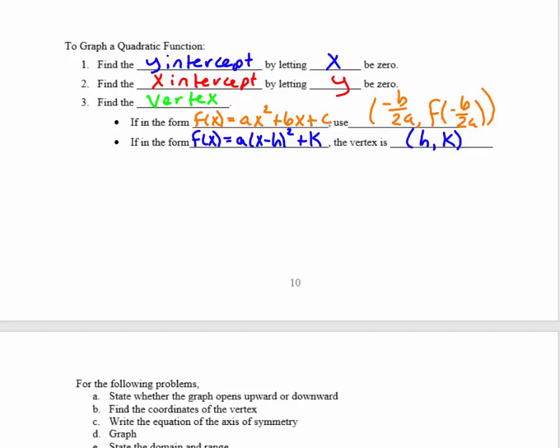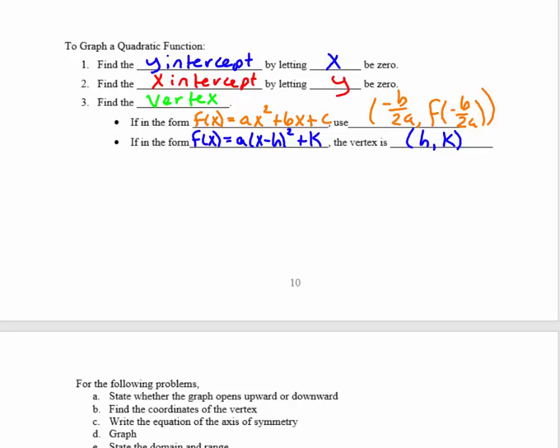It's the opposite of the number in the parentheses, so change your sign for the h, and k stays as is. So we have two different forms that we're going to have to deal with. Either ax squared plus bx plus c, we need a formula to find the vertex, or if you're in the new form, the vertex pops out for you.